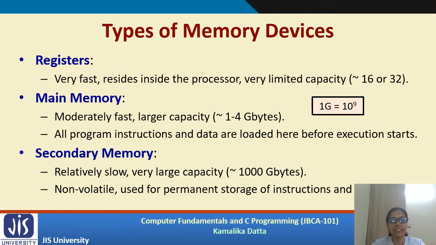But we cannot have these registers in large numbers. So we have a limited number of registers inside the processor, with limited capacity, as I told you. Generally, they are 32-bit or 64-bit, and there are, let's say, 30 or 14 of them. It depends on the architecture.